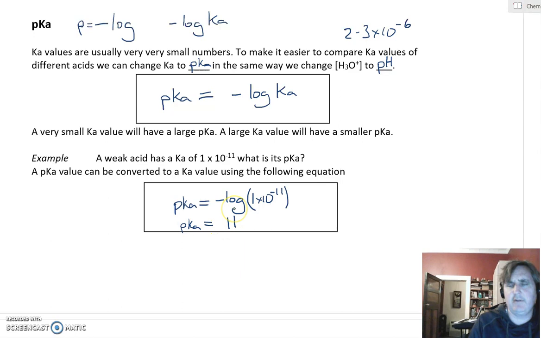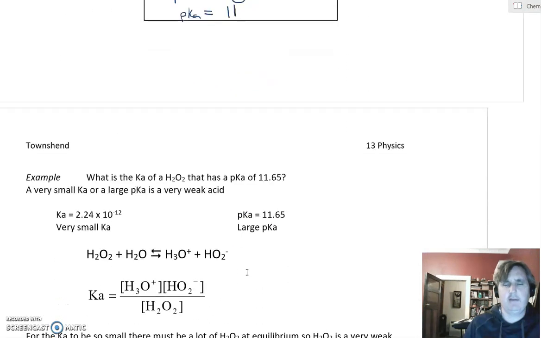Now that number 11, I say, hey, the pKa is 11, and you go, oh yeah, I understand the size of that. And if I gave you another pKa of 6, you would know that 11 was bigger than 6, or that it was a weaker acid. So the bigger the number that we get for the pKa, the weaker the acid it is. That's important to know. The bigger the value, the weaker the acid.